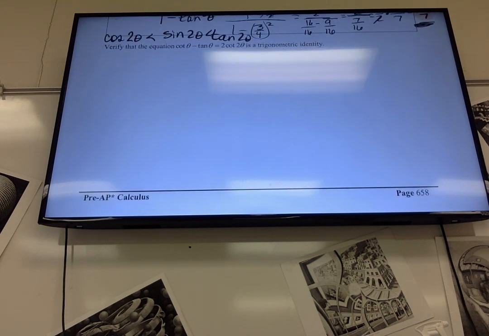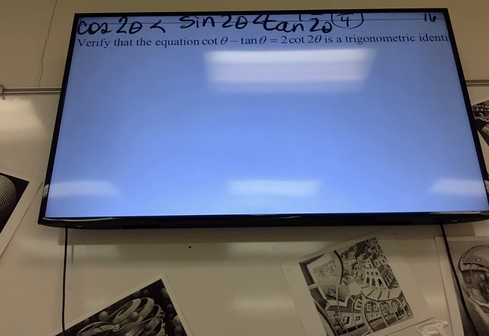Okay, so the verifying thing, that's something that we've been doing throughout this entire section. Now we're just going to do it with the 2 theta thing. So I'm going to make one side look like the other side. And so I'm going to use the cotangent minus tangent just because it has addition and subtraction.